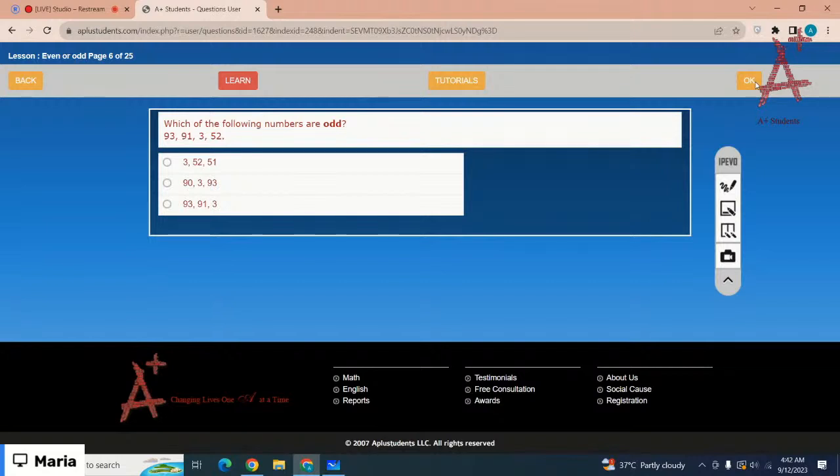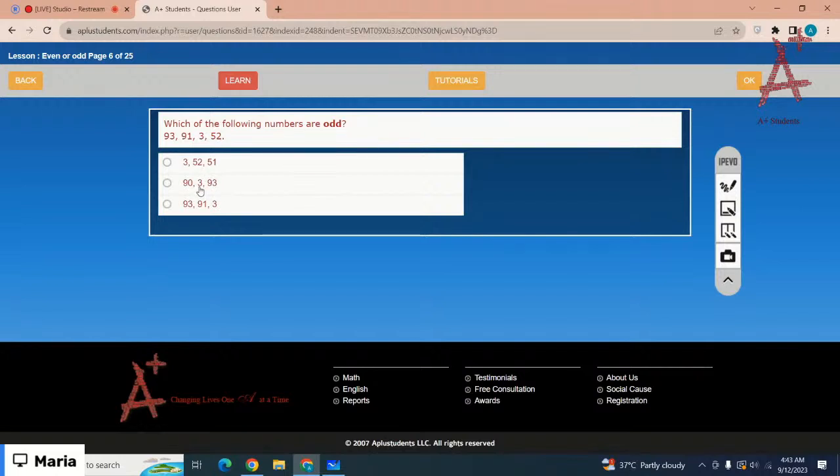Which is the correct option? The correct option is the odd numbers, you have to see, right?